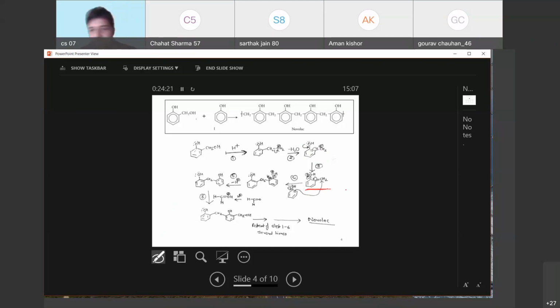Okay, so this molecule, if you see this molecule, when the lone pair of oxygen is involved, on one side it removes the electron deficiency of the CH2 group by making the double bond.